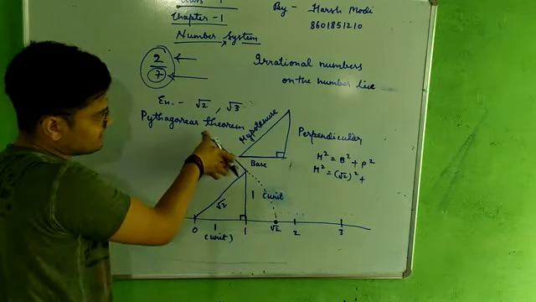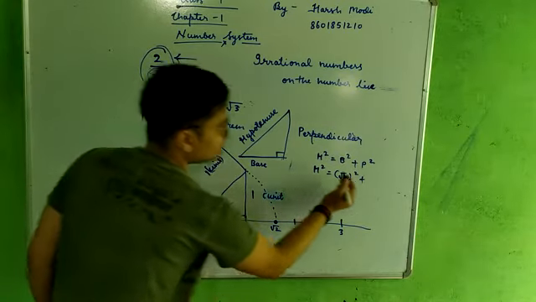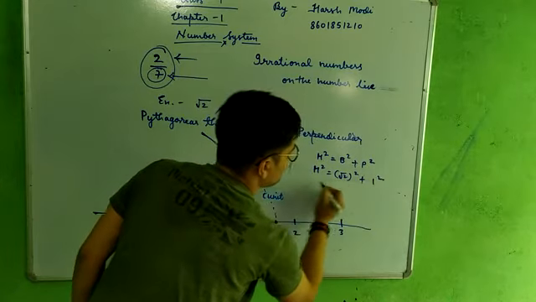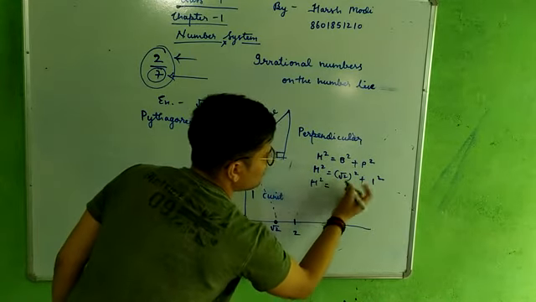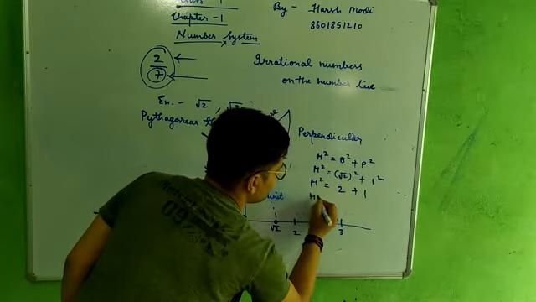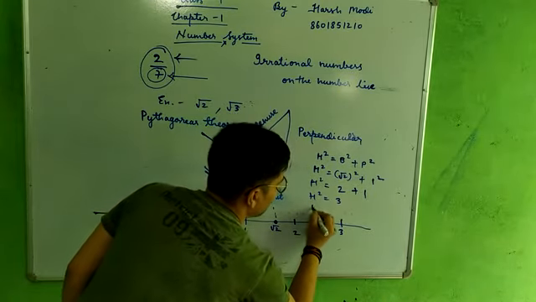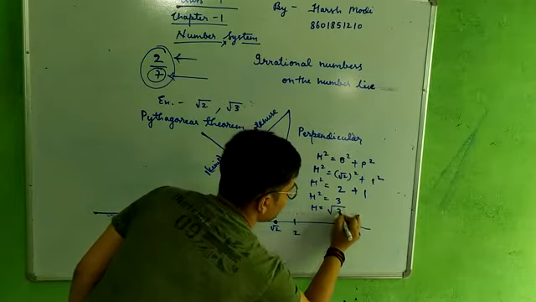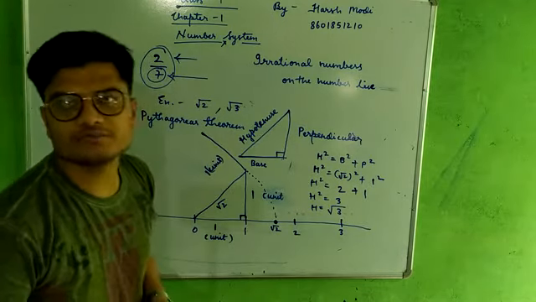Under root 2 square is 2, plus 1 square is 1. So h square is equal to 3. Here we will get root 3 as hypotenuse.